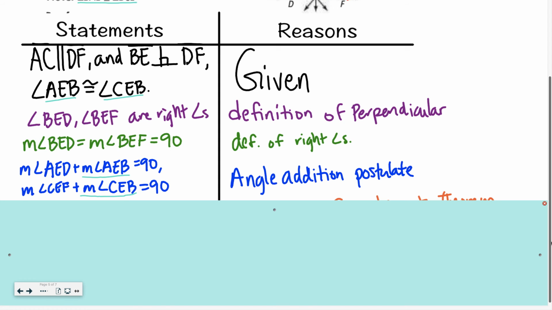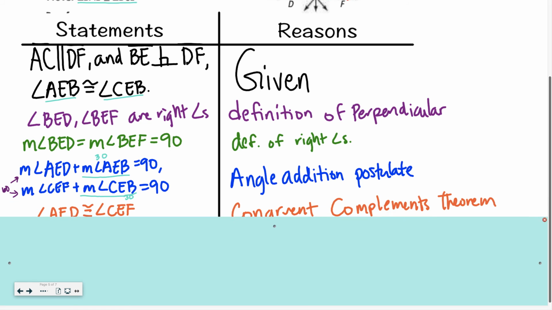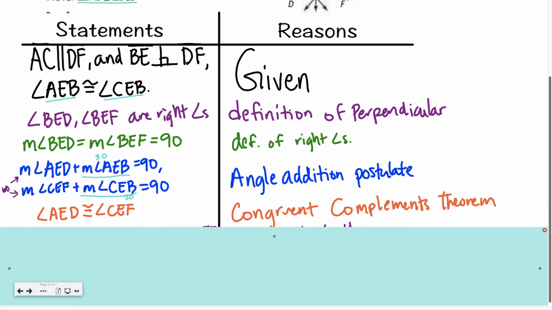So let's say, I'm just going to pretend here, the measure of angle AEB is 30. And that means that CEB is also 30 because we were told they are congruent. Doesn't that mean that AED over here and CEF would both have to be 60? So that means that they would have to be congruent, right? That was called our congruent complements theorem. So I know that angle AED has to be congruent to angle CEF. Okay?